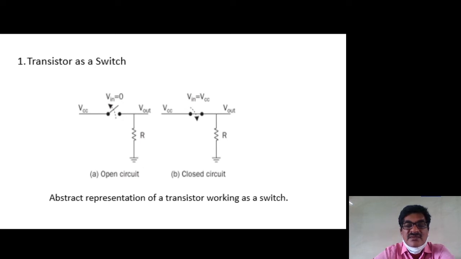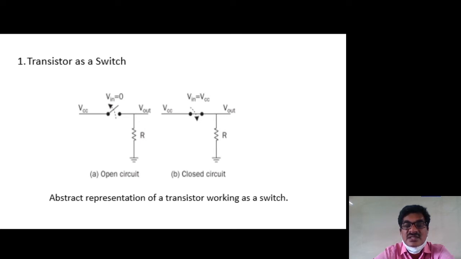No current passes from one end to the other, hence the output voltage is 0. But in the second setup, since the input voltage is at VCC, the transistor acts as an on switch, that is, a closed circuit.